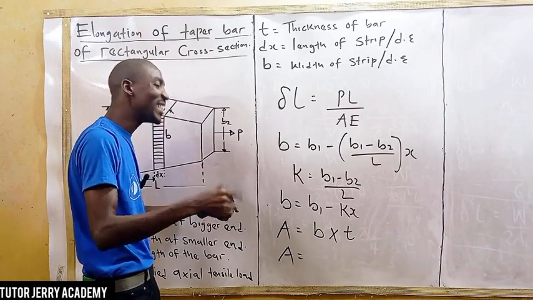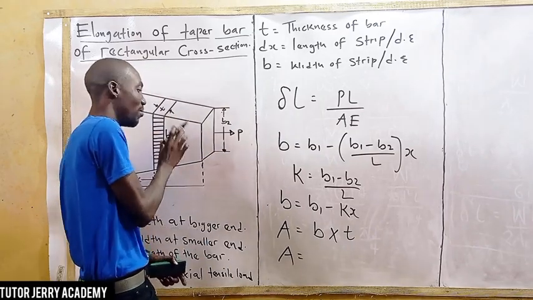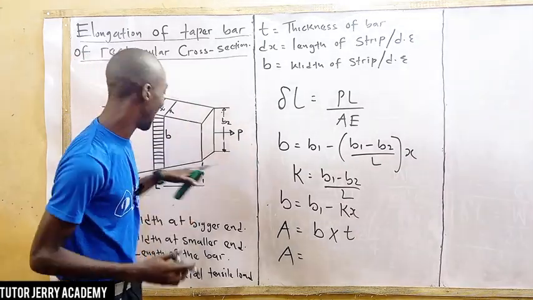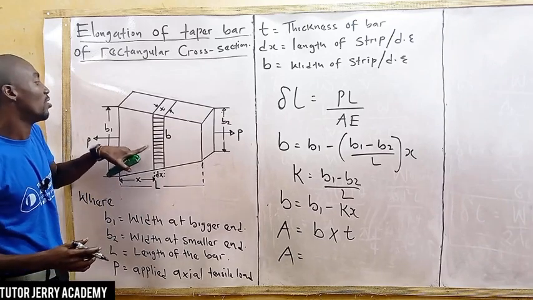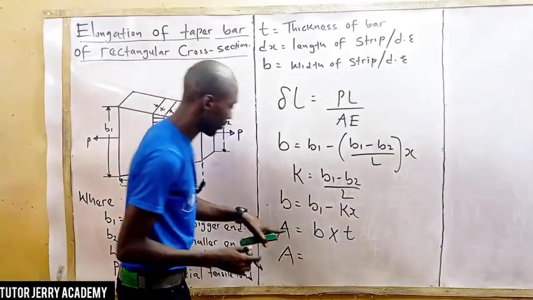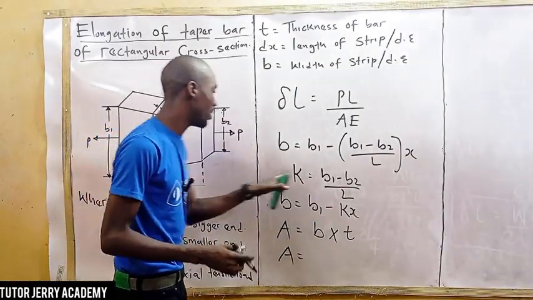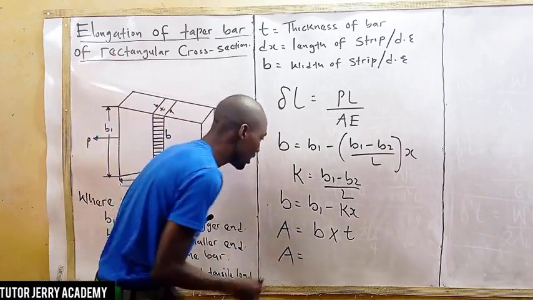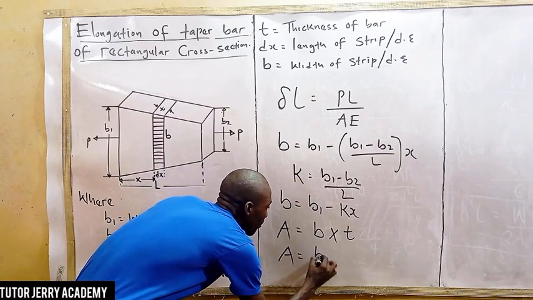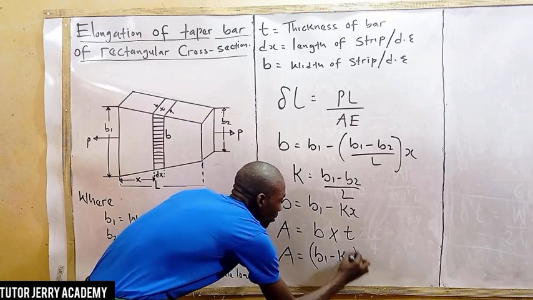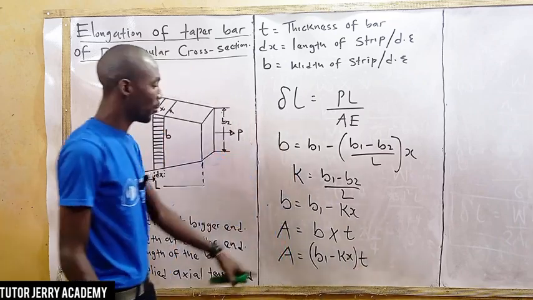Don't forget, we are considering the area of the differential element, not the area of the whole bar. The area of this differential element is going to be the width times T. We've gotten the width of the differential element to be B1 minus KS. So if we put it here, we are going to have B1 minus KS multiplied by T.